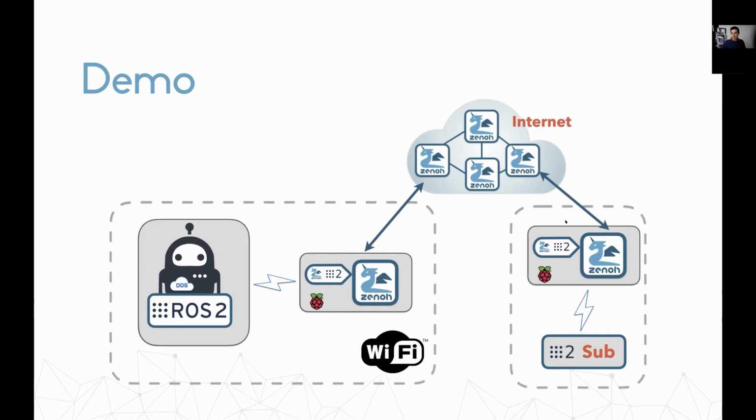Okay. And on another machine, and I'm in Paris, this machine, I believe, is in Hamburg or somewhere in Germany, we will start also another ROS application and our Zenoh bridge. And you will see how a ROS application will be able to flow across the internet. Okay, so let's do that.